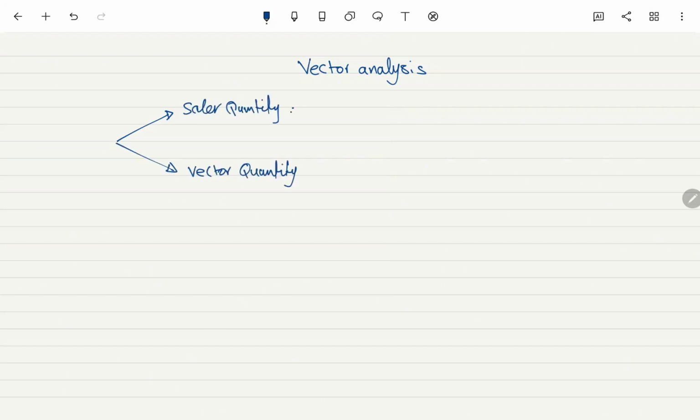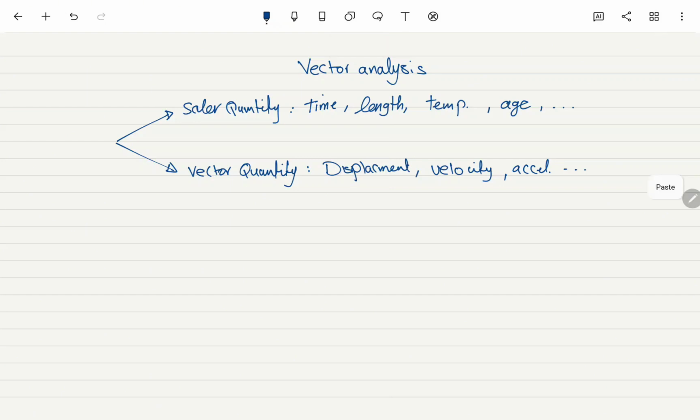A scalar quantity requires only a magnitude, no direction, like time, length, temperature, age, etc. But for a vector quantity, we require two things: the magnitude and direction, like displacement, velocity, acceleration, etc.